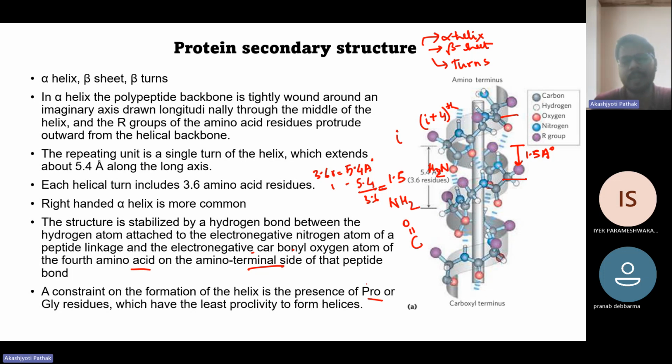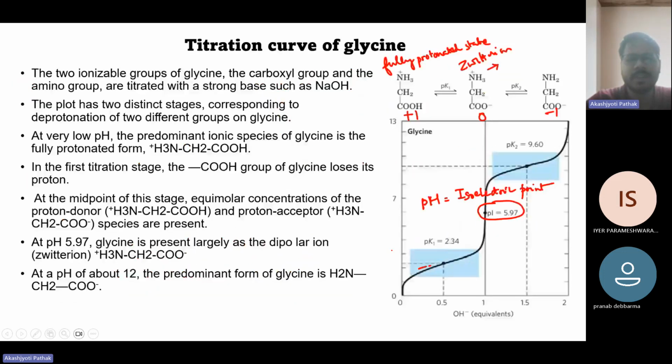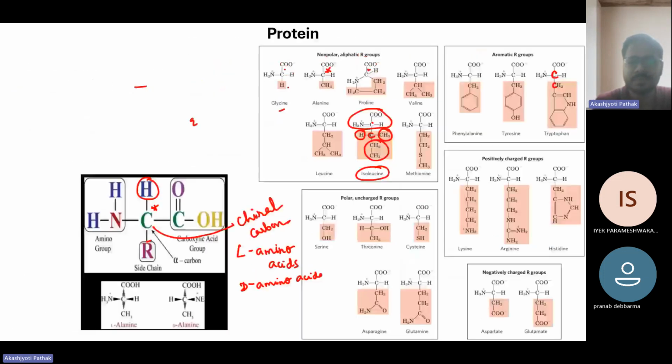Proline is not usually present in an alpha helix structure because it does not have a free NH group. If you see the structure of proline, you will see that the NH group is not free. This is a secondary amine group.